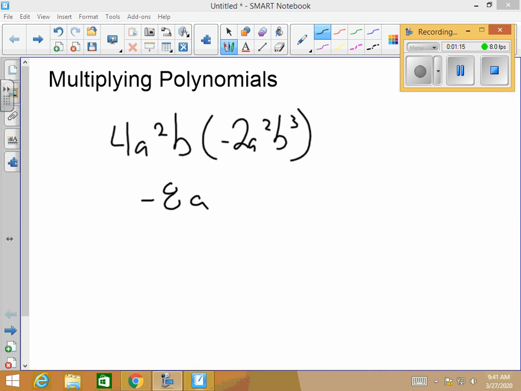I have a's. I'm multiplying their bases, which means I'm adding their exponents, and I get 4 of those a's all multiplied together. And I have b's. Outside I have 1, inside I have 3. So here again, I have 4 of those b's all multiplied. And that's all I'm doing. When I multiply monomials, it's the same exact thing as when I reviewed. This is a review of going back over my multiplication exponent rule.